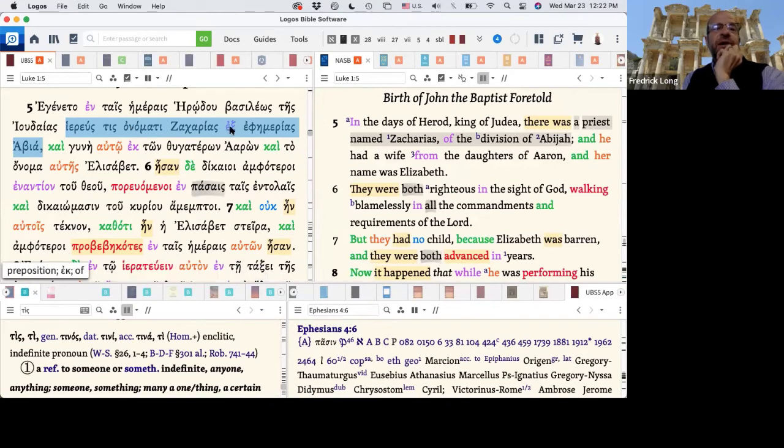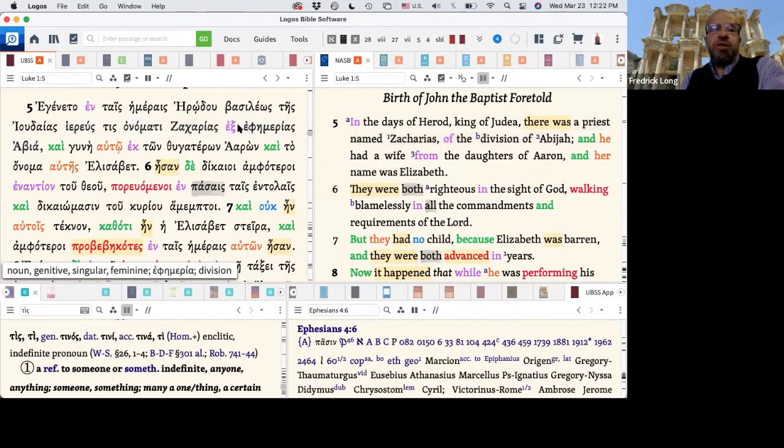Zacharias by name, from the division of Abijah. And this is a priestly division. It's kind of interesting, this word is from hemera. You might recognize hemera, which means day. And this day by day has to do with their daily service in the temple.